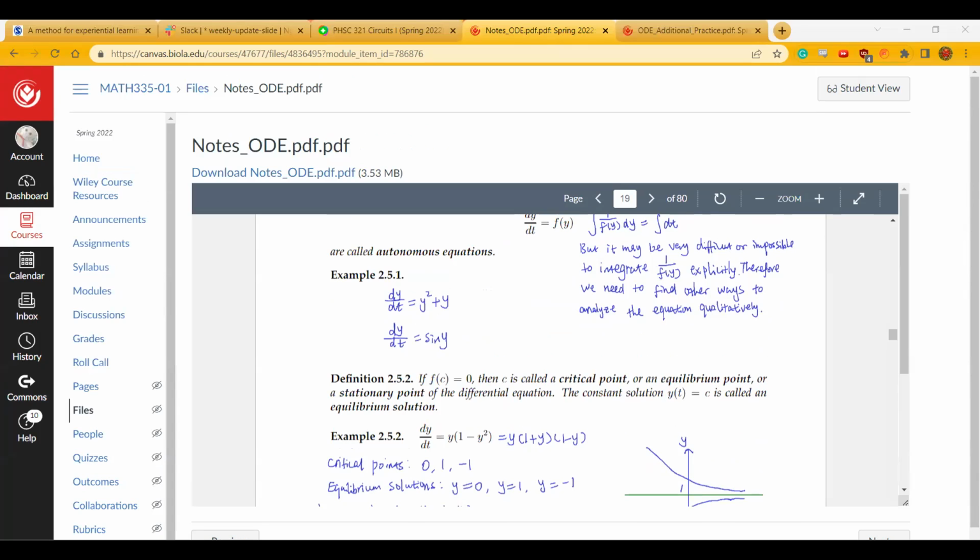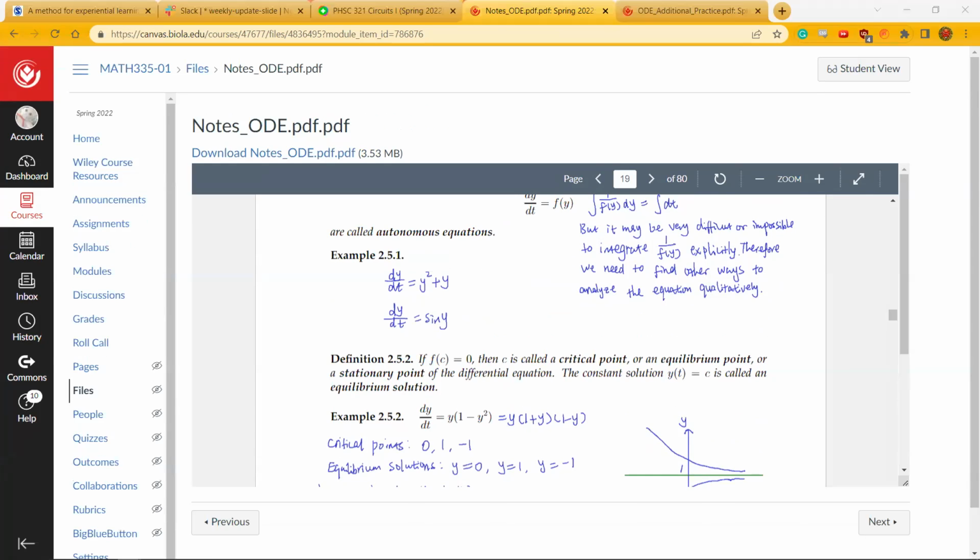Let me share a whiteboard. We will have the equation in green. dy/dt, the slope of y as a function of t, is simply a function f of y, y minus 3, y, plus 3.